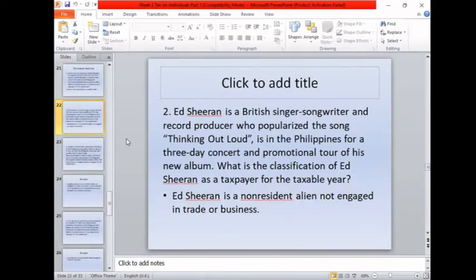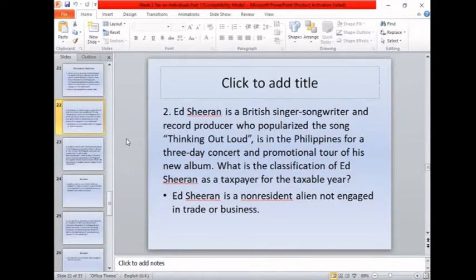Okay, the next one is Ed Sheeran. Of course, we all know that Ed Sheeran is a British singer and songwriter. Take note, let's say Ed Sheeran is going to the Philippines, and he conducts a concert for 3 days and promotes his new album.